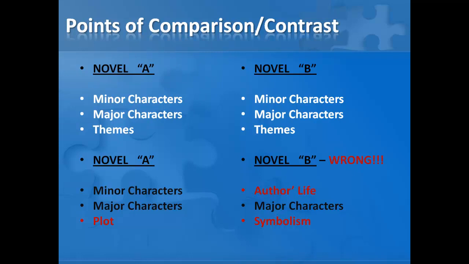Otherwise, your organization is off, your structure is wrong, and you do not have a true comparison and contrast essay. So again, you would need to fix these things in order to have a good basis for your comparison and contrast essay. Okay, let's move on.